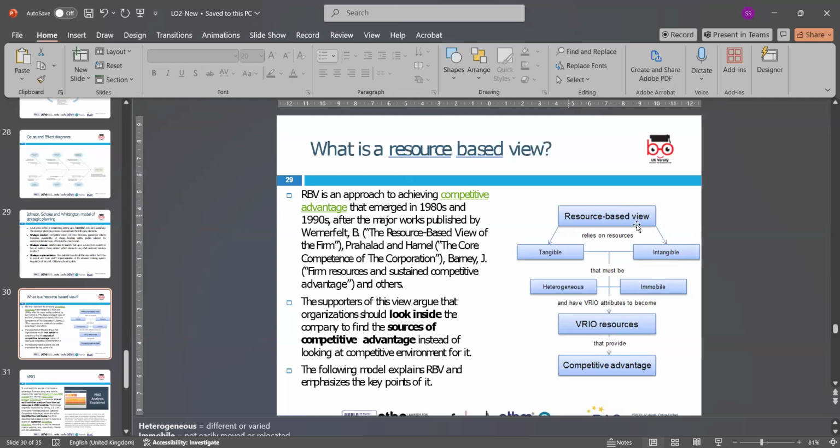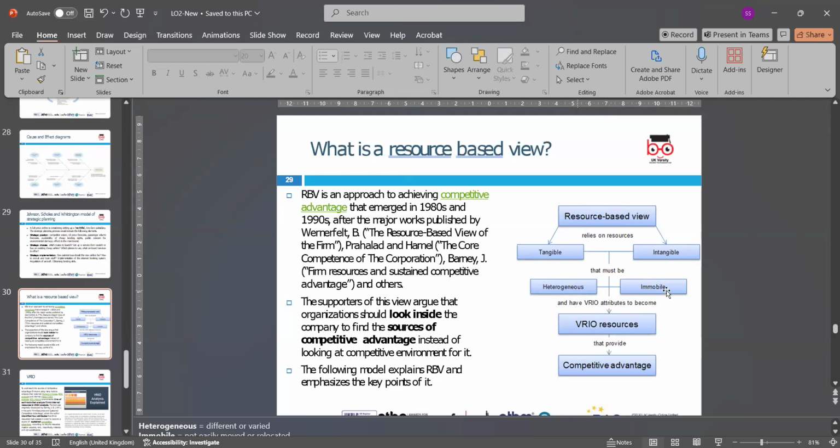In this case, you will find what kind of resources our organization has: tangible, your factory, your machinery, your manpower; intangible, skills, competencies in your organization. Heterogeneous means they should be different. Nobody can copy it. So your assets are different from other people.